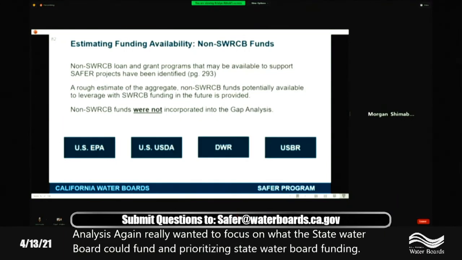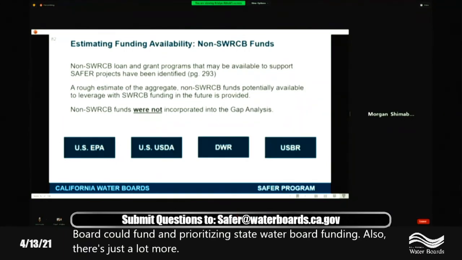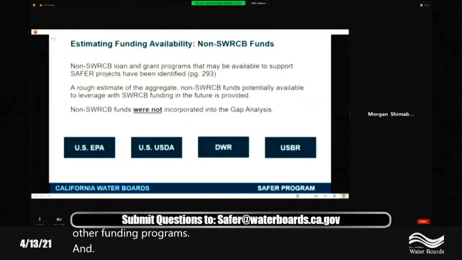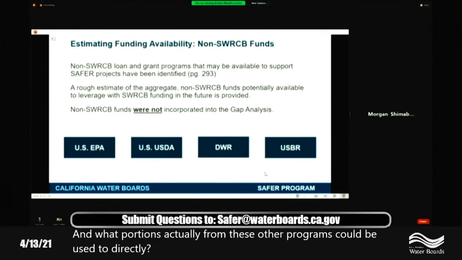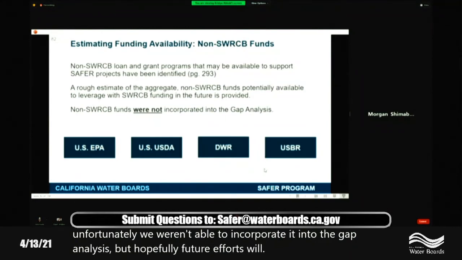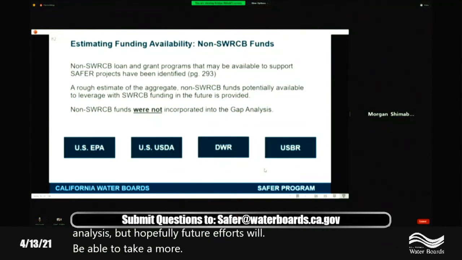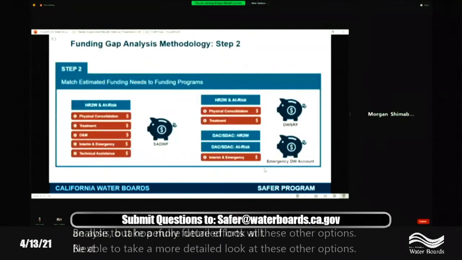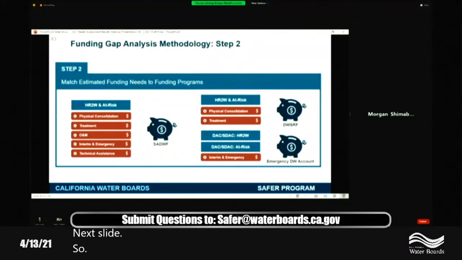Also, there's just a lot more uncertainty around the availability of these other funding programs and what portions actually from these other programs could be used to directly support SAFER projects. So at this time, unfortunately, we weren't able to incorporate it into the gap analysis, but hopefully future efforts will be able to take a more detailed look at these other options. Next slide.